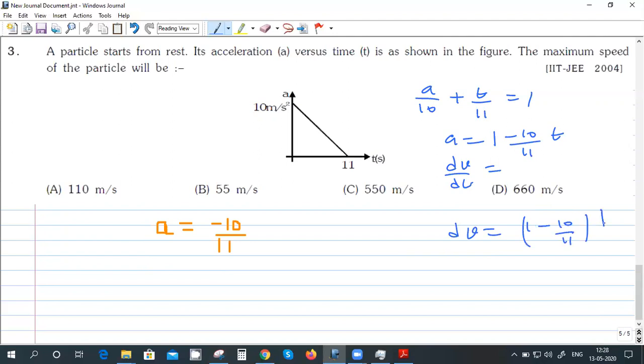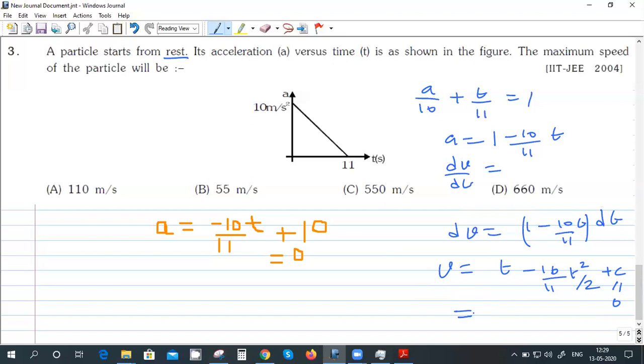Don't do unnecessary calculations. You just have to get v. Velocity at time t equal to 0 is how much? It starts from rest, so this constant is 0, because if you put t equal to 0, you should get v as 0.